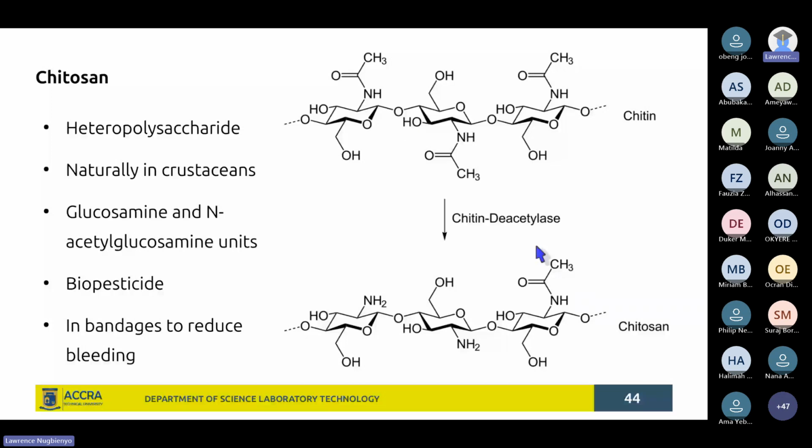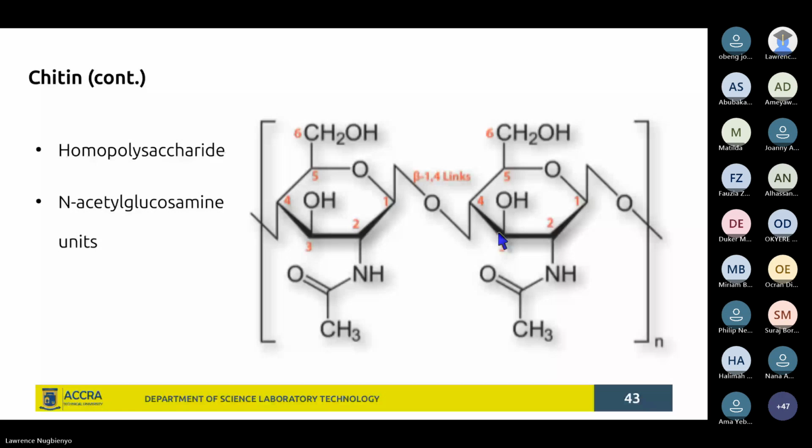If you look at a chitosan structure, you see the first glucose unit on the right still has the acetyl group on it, but the second and the third, counting from the right to the left, you see them not having the acetyl group on the amine group. They lose that acetyl group. That is the deacetylation that we were talking about.